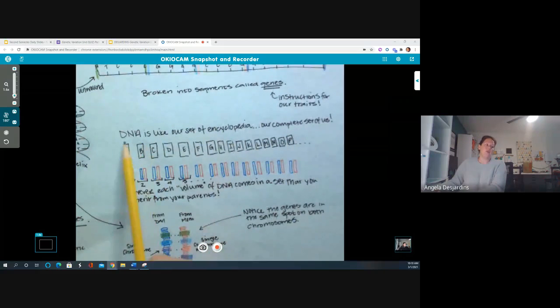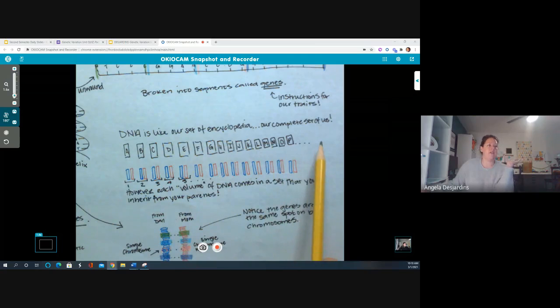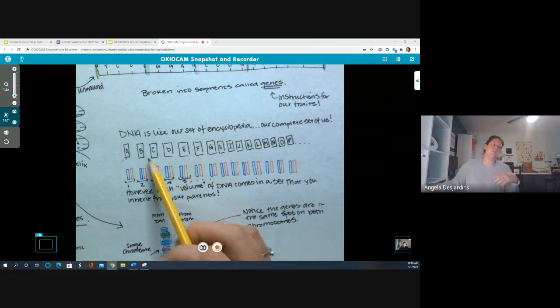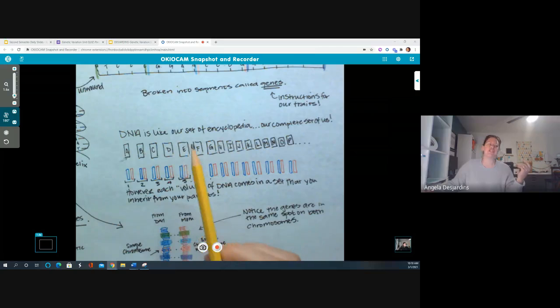Now, the way that your DNA is organized is very similar to an encyclopedia. I was thinking earlier, do they even know what an encyclopedia is? Because that's such an old school thing. But basically, if you're unfamiliar, an encyclopedia is a set of books that are alphabetized A through Z. If you were looking at the book of A, it would have a vast variety of information about all things that start with the letter A, like aardvarks and avalanches and avocados.